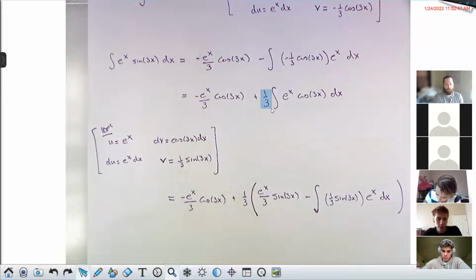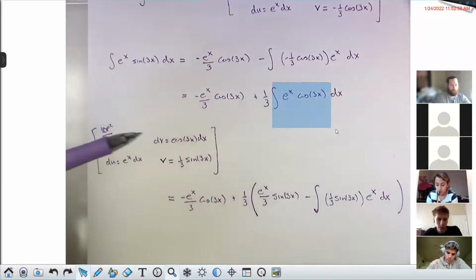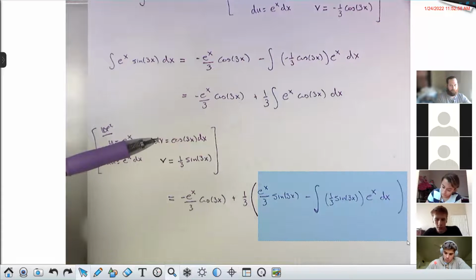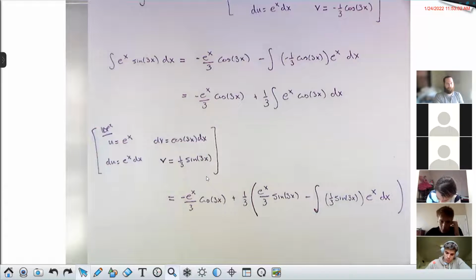So this 1/3 here is the 1/3 down here. This guy comes from this guy. And this integral here is equal to all this stuff here, according to my second run of IBP. I'm going to distribute this 1/3 over everything in these parentheses. I'm also going to bring this 1/3 out of the integral.